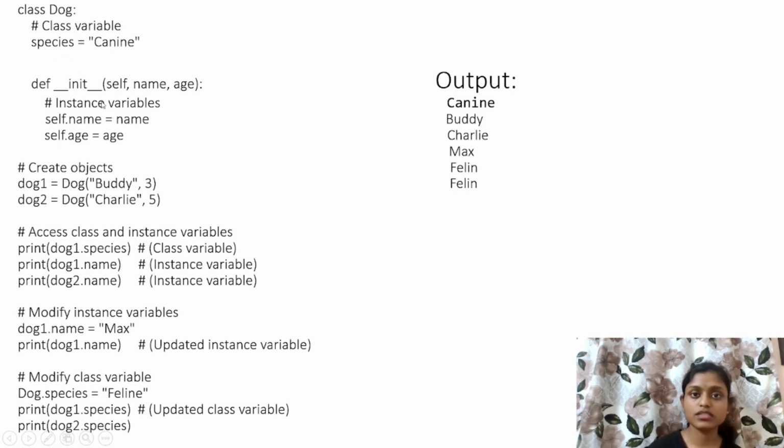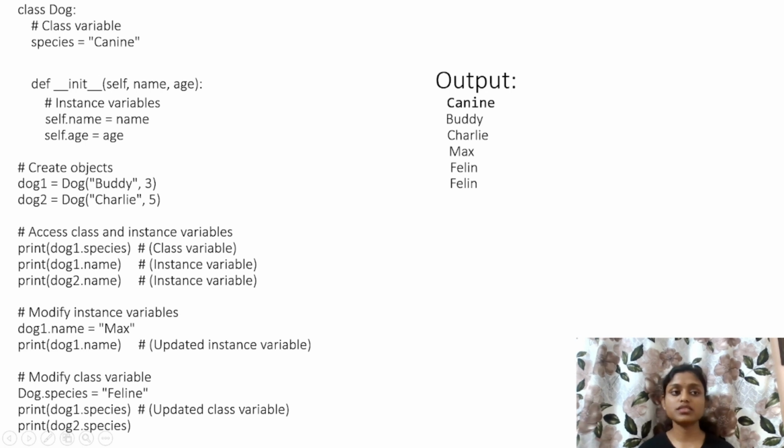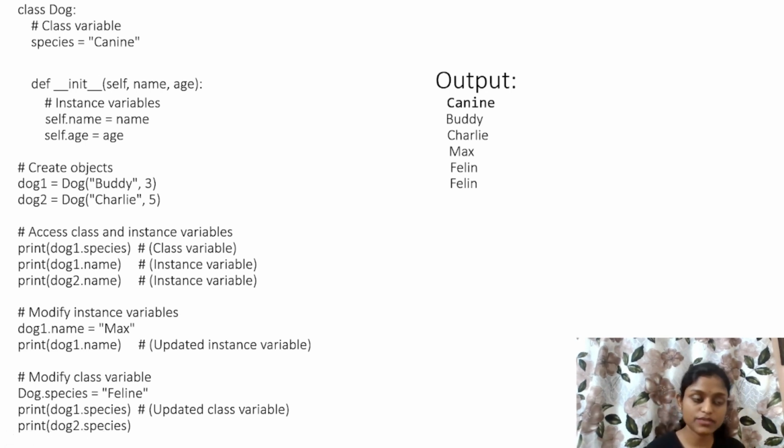The instance variable is defined inside the constructor, and the class variable is defined outside the constructor. And here I also created objects and passed parameters.